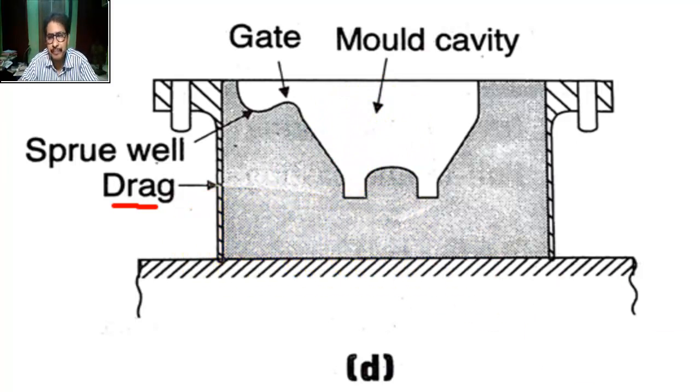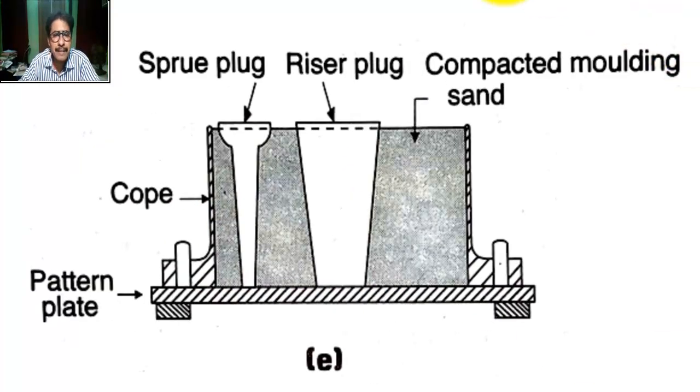Okay. This is the figure E. Take another steel flask and a pattern plate. This is the pattern plate. This is the steel flask.